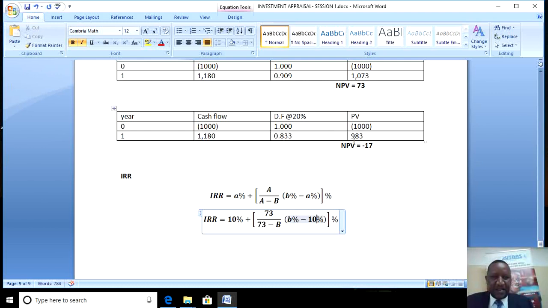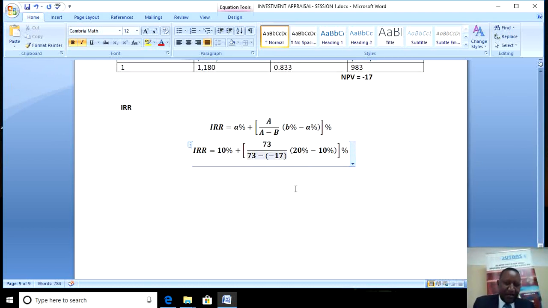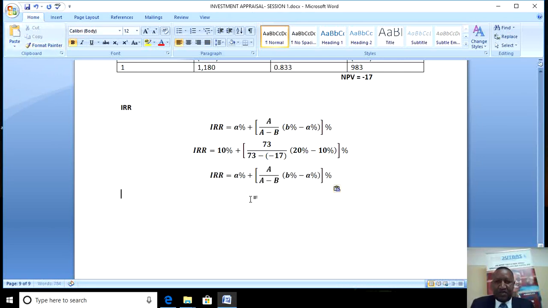B is the rate that gives us a negative NPV, so B is going to be our 20%. And B is going to be -17. So we have to put that in brackets, -17. So when you multiply there, a negative multiplied by a negative will result in a positive. So the denominator here is going to be 73 plus 17. Those are rules of mathematics.